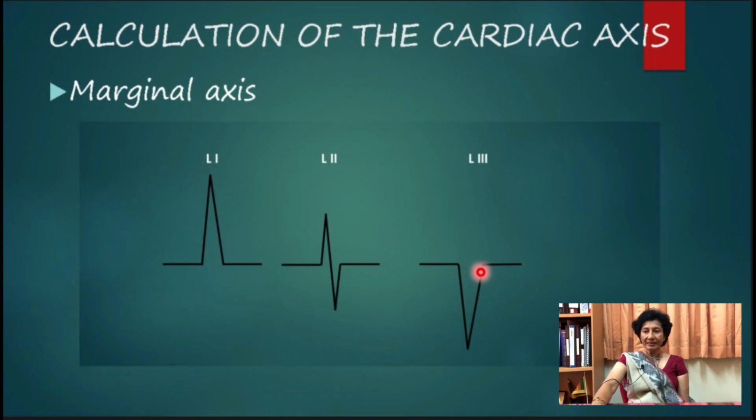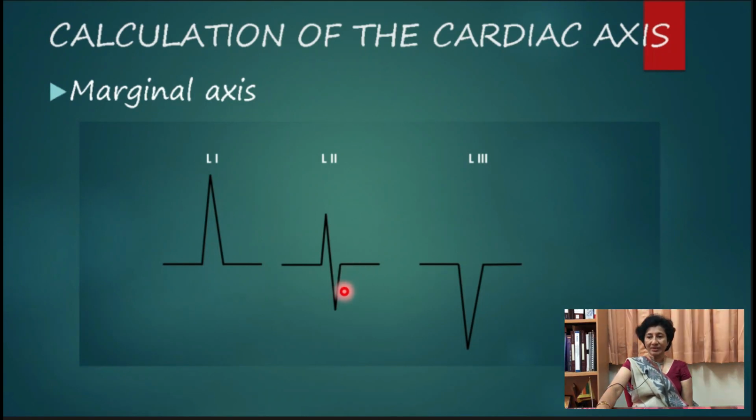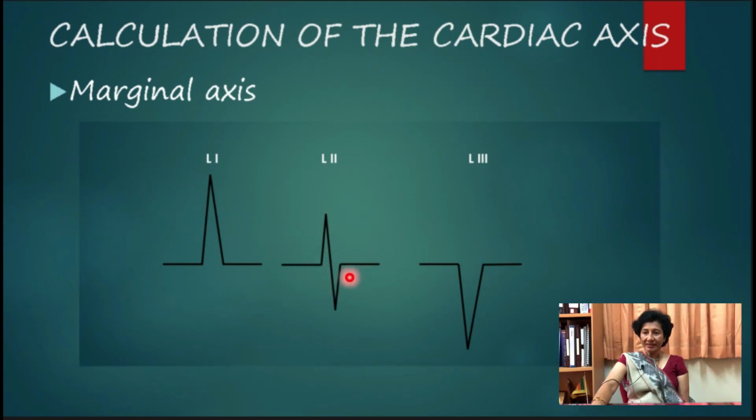But in a given patient, if the disease process progresses, there will be deepening of the amplitude of the S wave. In that case, the QRS polarity of this complex is negative. With the progression of disease, the QRS complex can change into negative polarity.